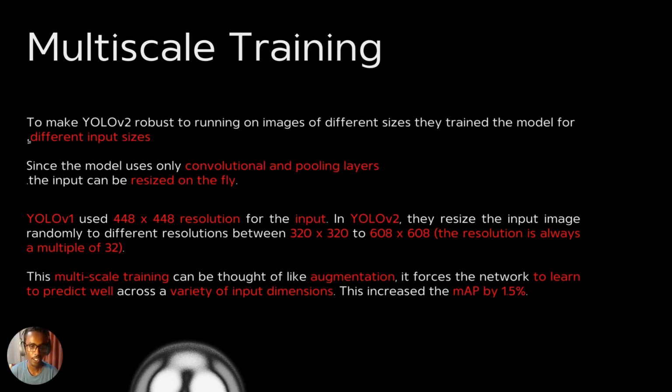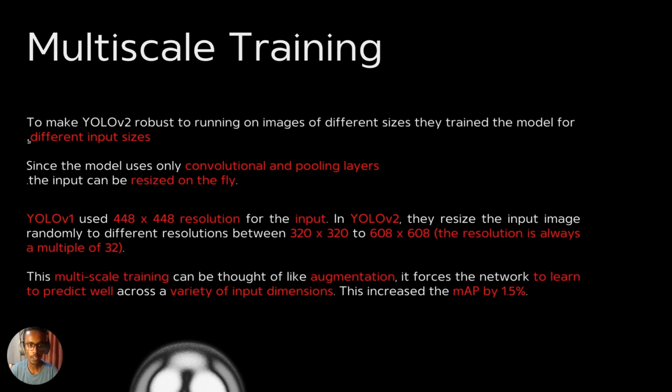Augmentation is just a technique used in deep learning in which you change either the resolution of an image, or maybe you use some translation, or rotation, different types of techniques, so that your model can adapt and learn when the input features change. Here, the kind of augmentation they used for YOLO V2 is just the multi-scale training.